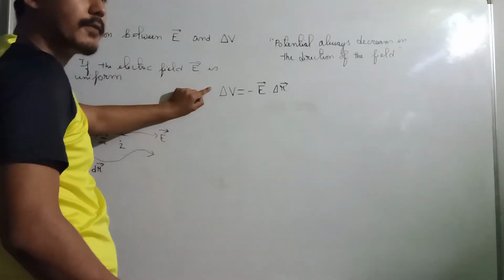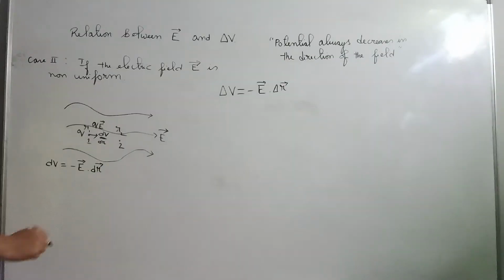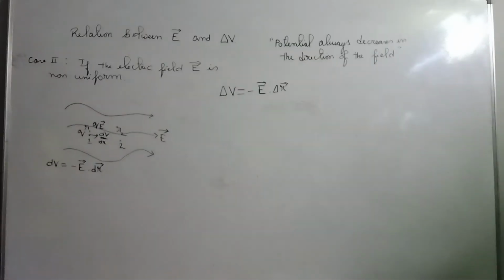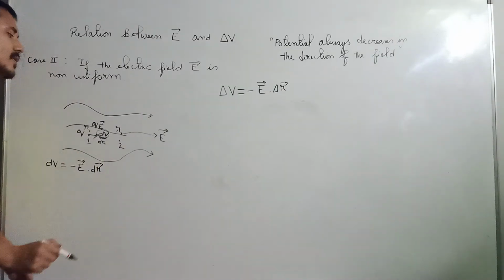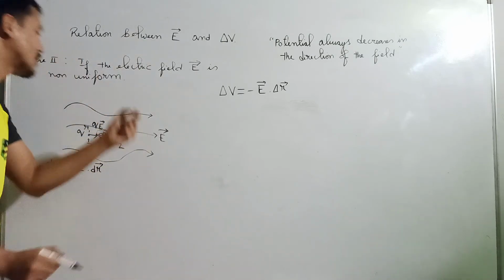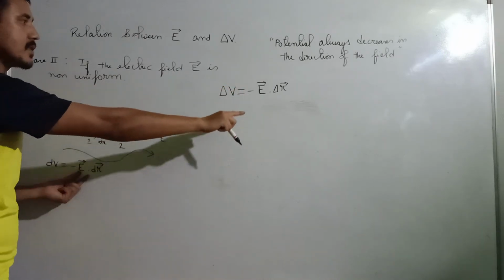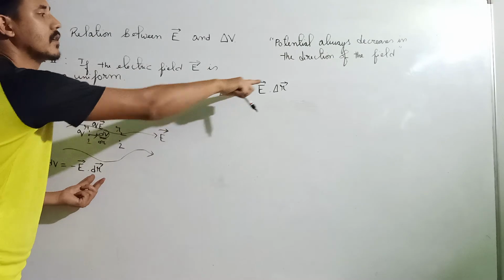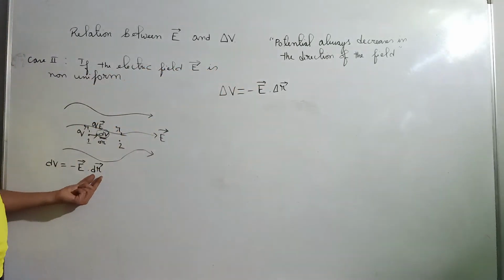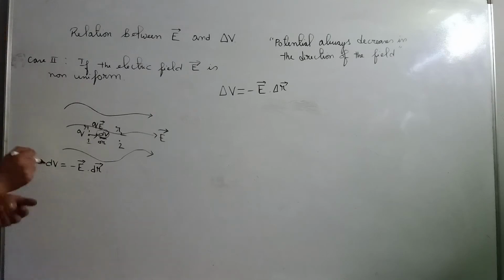And for this displacement dr, the field is uniform. So if dV is the small potential difference over this small displacement dr, then for a uniform field, dV is minus E dot del R, with del R now replaced by dr. Are you getting me? Yes.